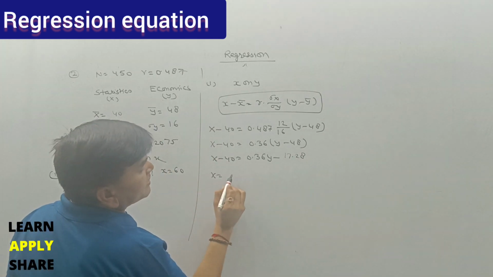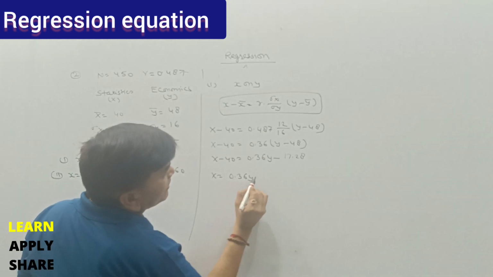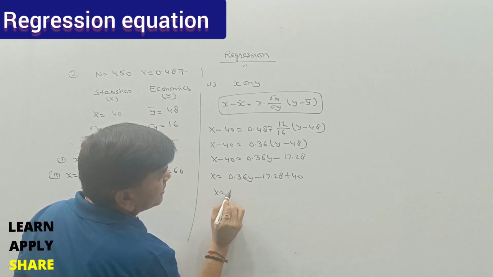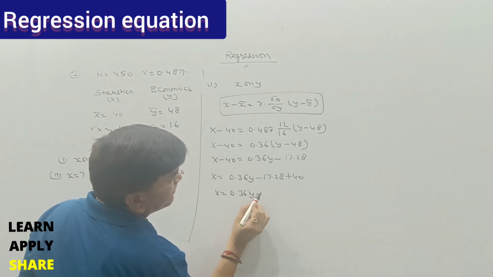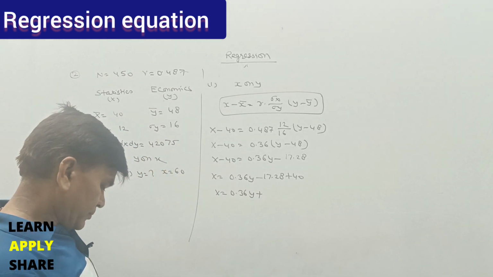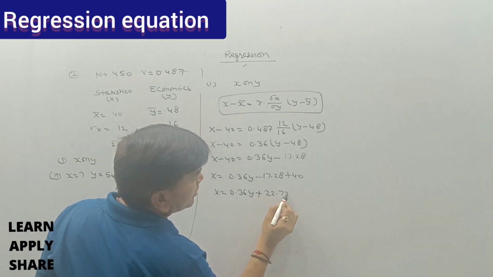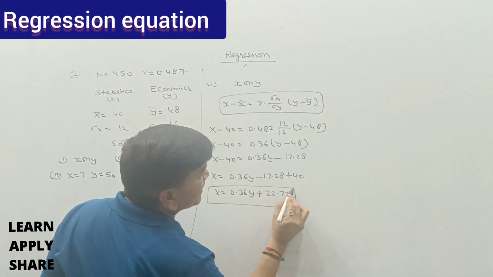So x is equal to 0.36 y minus 17.28 plus 40. So x is equal to 0.36 y plus 22.72. So this is our x on y equation.